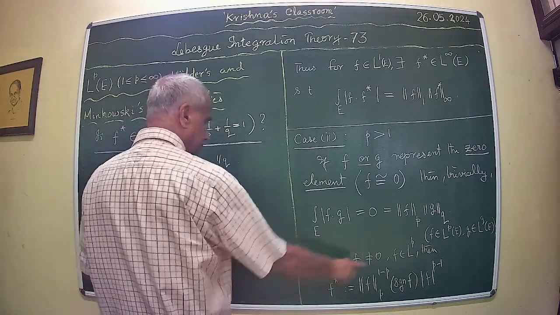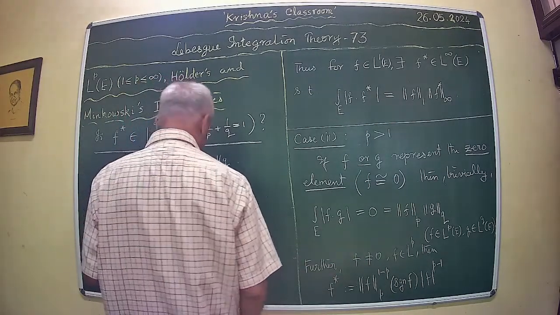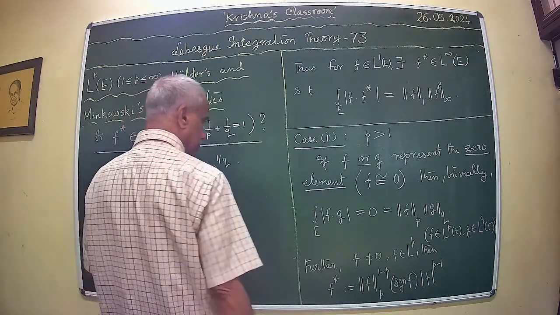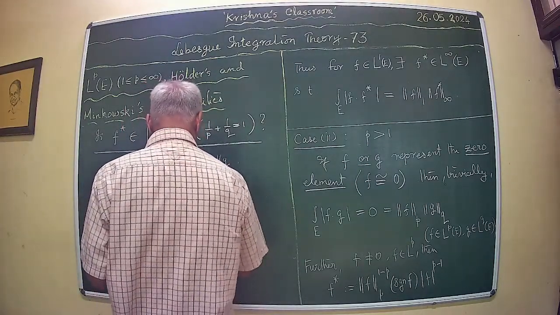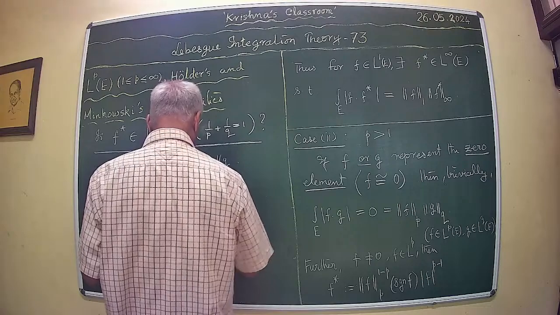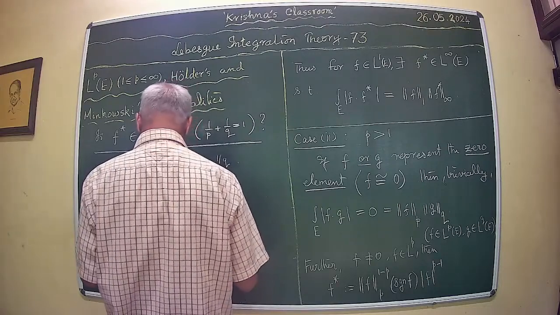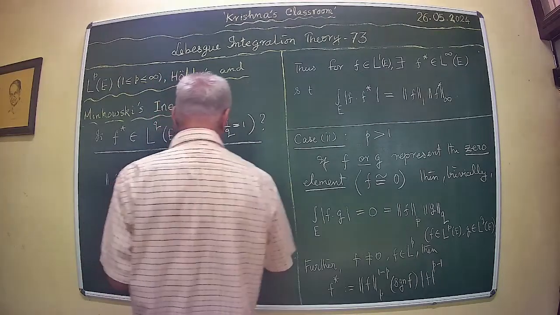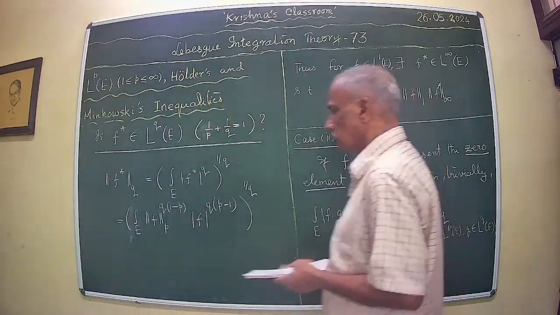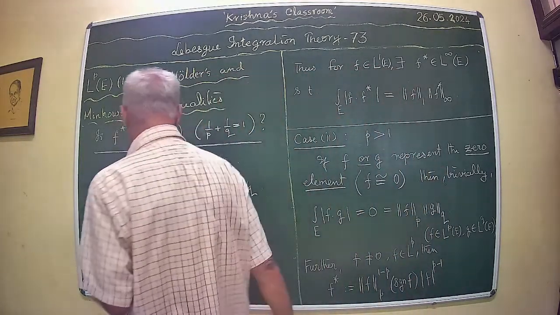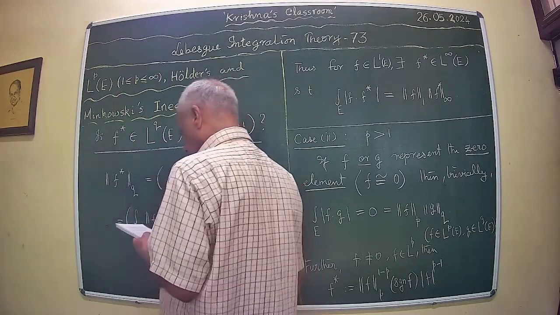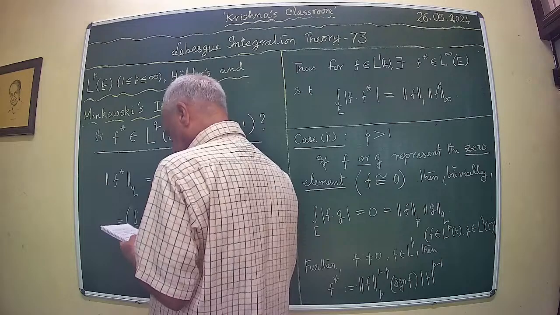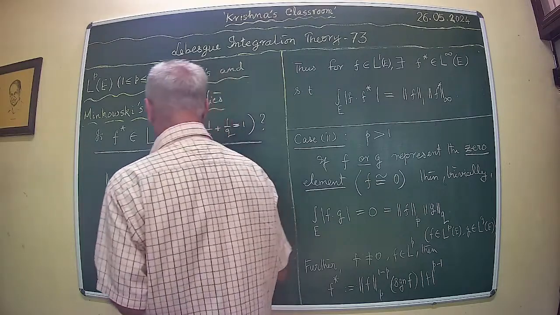Therefore, signum f is 1 and you have mod f to the power Q into Q minus. Whole thing, the power. Now you see that this Q into 1 by P or Q into 1 minus P, just work out that.